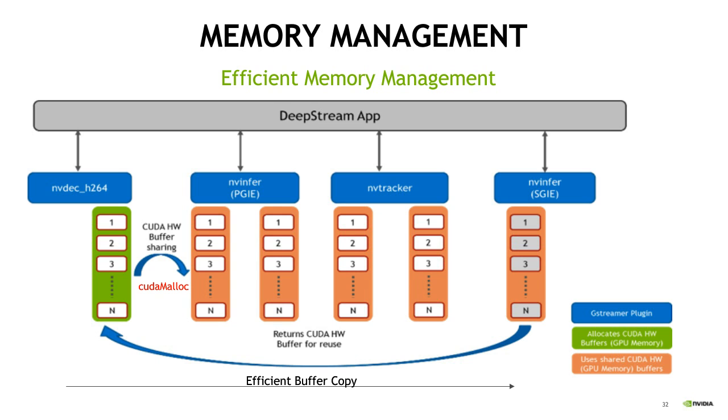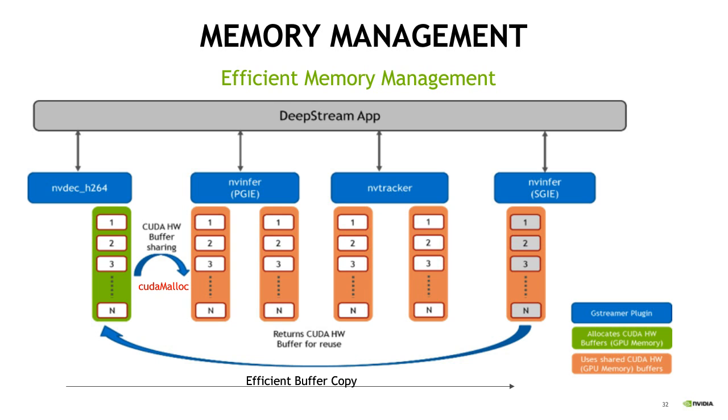Now in the case of Tesla, the decoder receives data in the form of an encoded bit stream, either from file sources or network streaming protocols. As the decoder uses the underlying NVDEC hardware, it allocates a pool of output buffers from the GPU device memory using the CUDA malloc API.